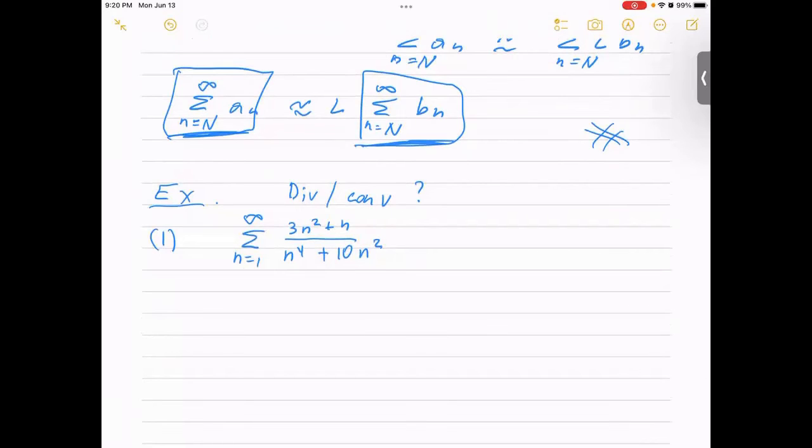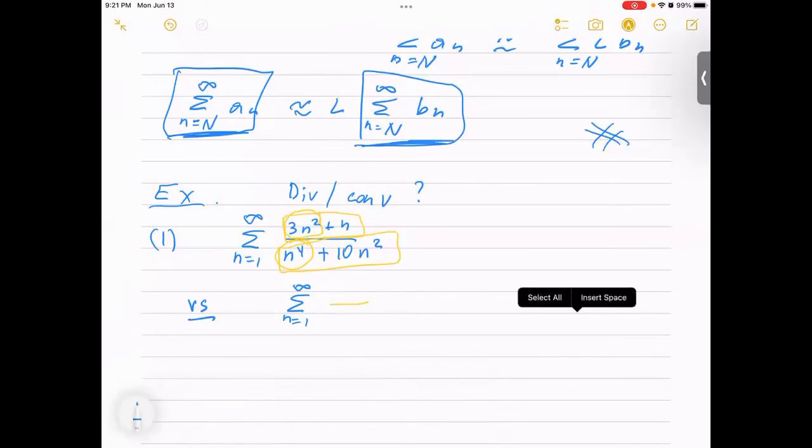We want to LCT it with something. What I'm going to be doing is a kind of rule of thumb. I see a rational expression, and for a rational expression, I know that the higher power will dominate. So 3n squared on top will dominate, and n to the fourth on the bottom will dominate.